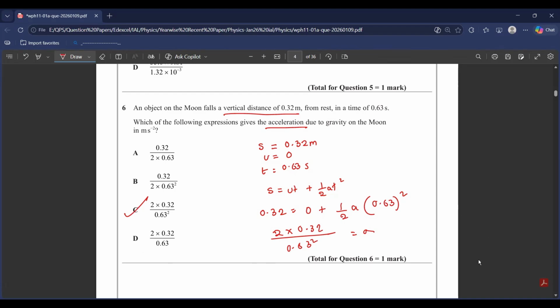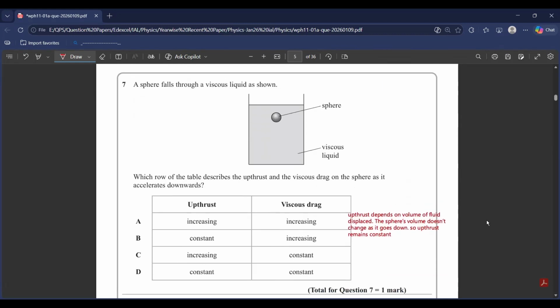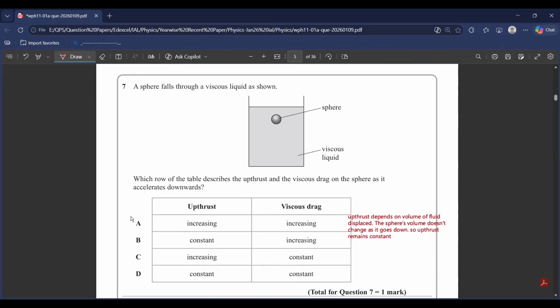Easy, once again. Now, number 7. A sphere falls through a viscous liquid as shown. Which row of the table describes the upthrust and viscous drag on the sphere as it accelerates downwards? All right, let's see what happens to upthrust and viscous drag in this particular image.